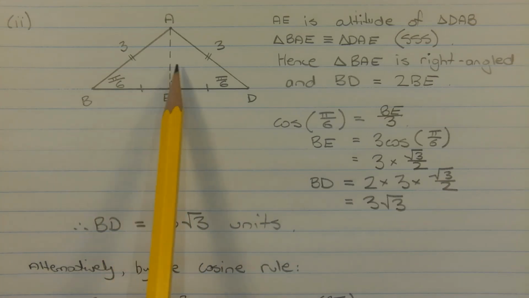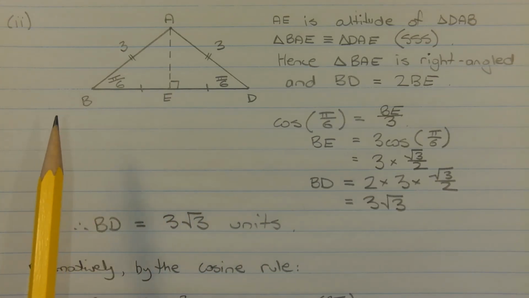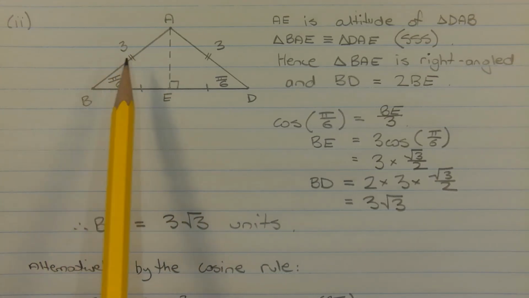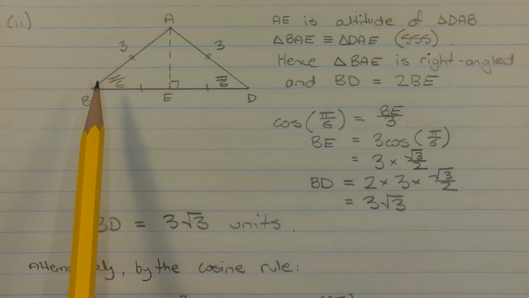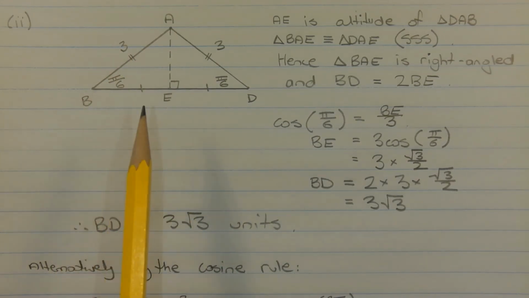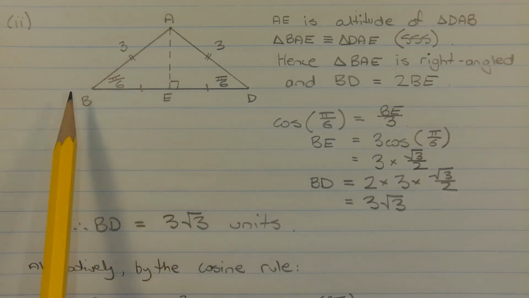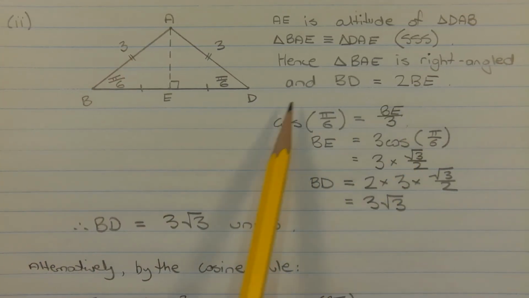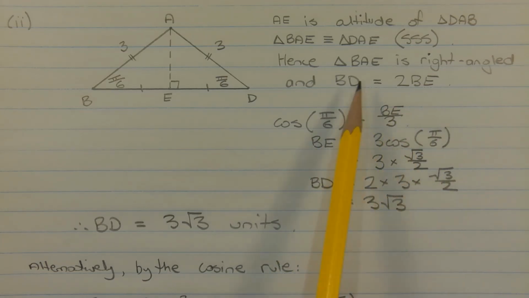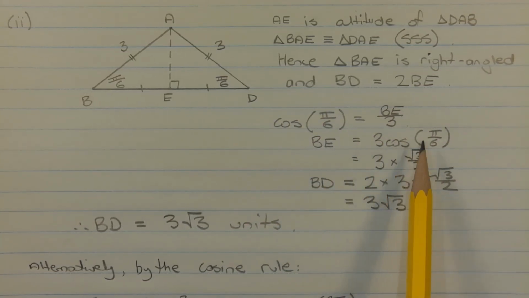So dividing it into two congruent right-angled triangles and considering this triangle here, or either triangle for that matter, so triangle BAE, cos of π/6 is equal to adjacent over hypotenuse, so BE over 3, and I've stated that here. So rearranging this equation to make BE the subject, we get BE is equal to 3 times cos π/6.